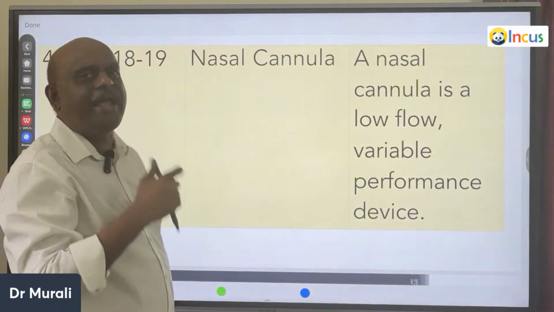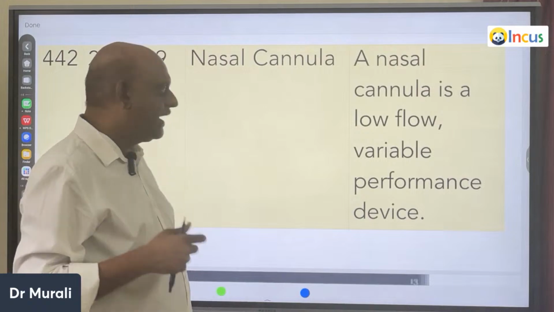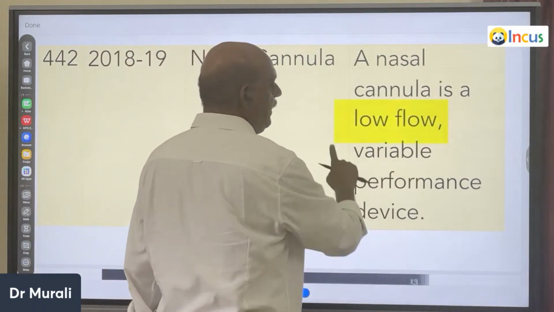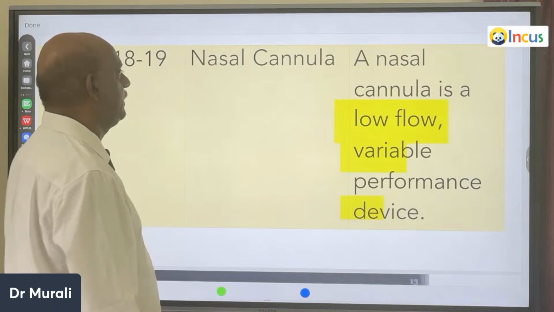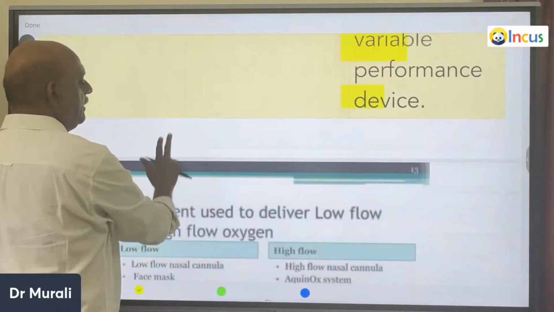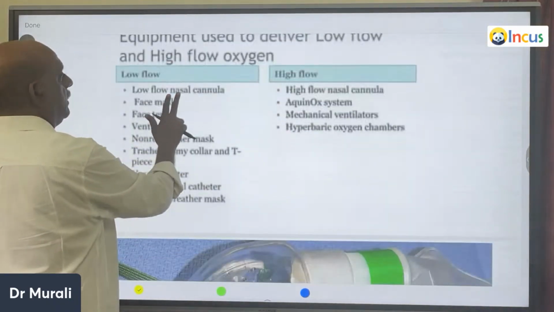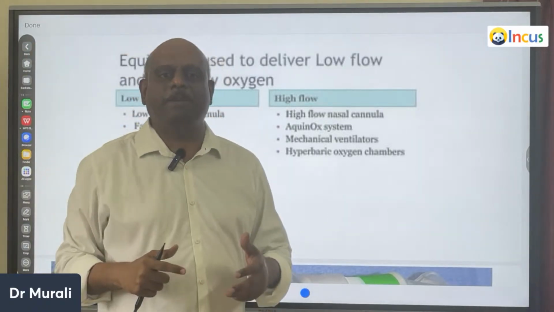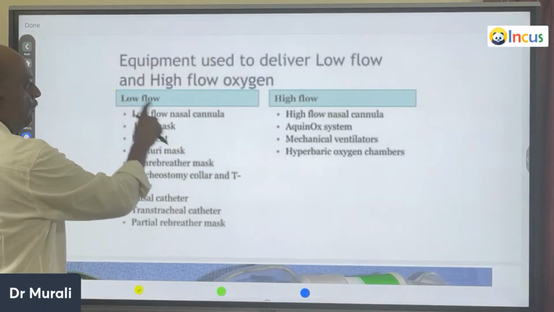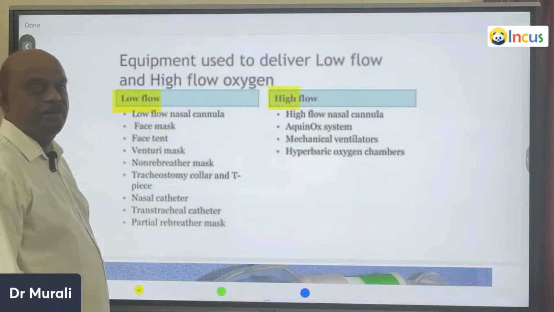So what is a nasal cannula? Nasal cannula is a low flow variable performance device to pass the oxygen. So accordingly, if you look at the equipment which is used to oxygenate a patient, they are divided into low flow and high flow.